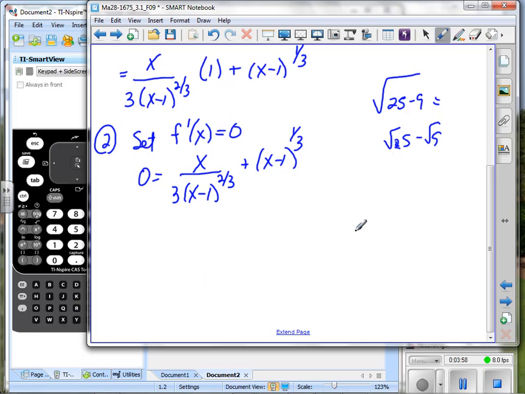Would it work? This is the square root of 16, right? Which is the same thing as 4. This is 5 minus 3. Well, you tell me. Is it going to work? The answer is no. Okay, I'll take that answer. You cannot distribute when you're dealing with an exponent.